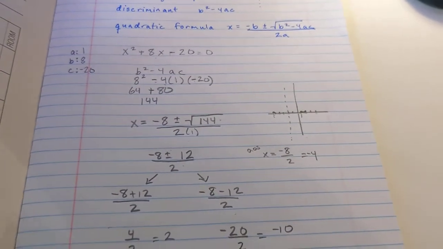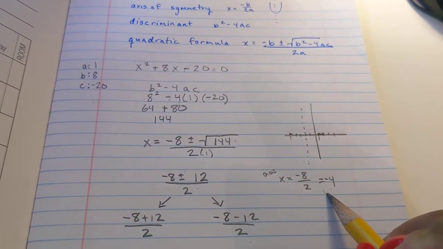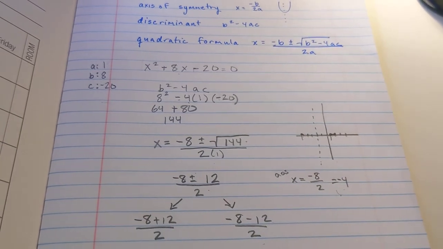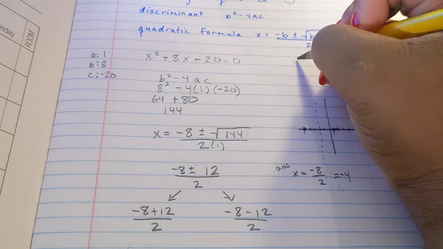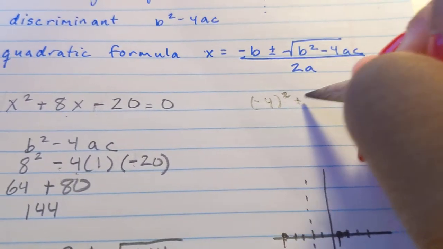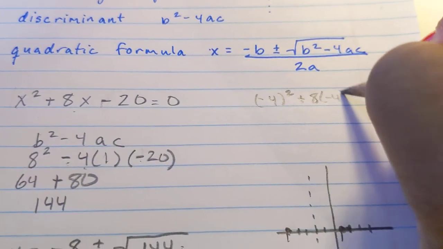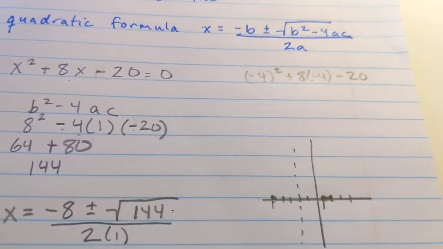We plug our value from our axis of symmetry back into the original equation, and that will tell me my vertex. So negative 4 to the second power. And no, you don't have to do all of this right now. I just want to show you how everything comes together to make this problem make sense.